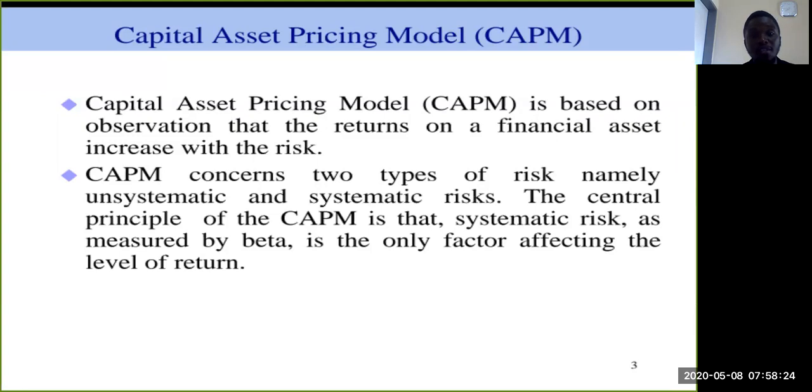The central principle of the capital asset pricing model is that systematic risk, as measured by beta, is the only factor affecting the level of return. So we see that systematic risk, measured by beta, is the only factor affecting the level of return on an asset.